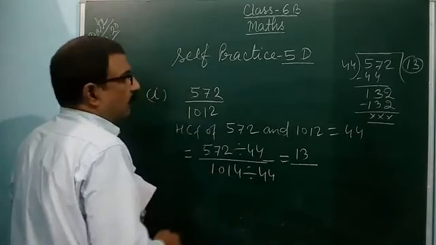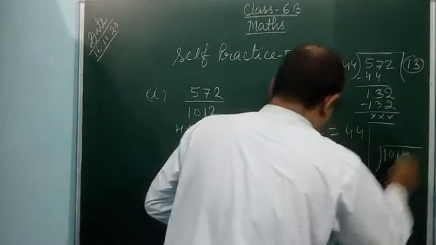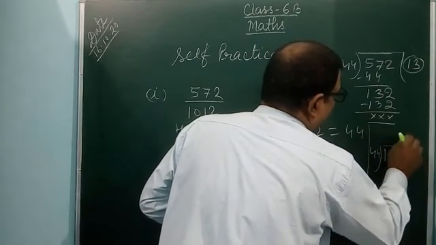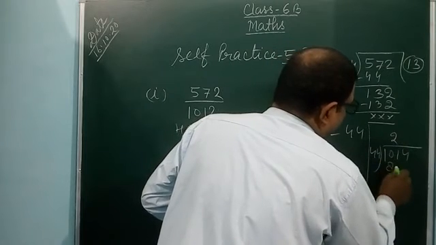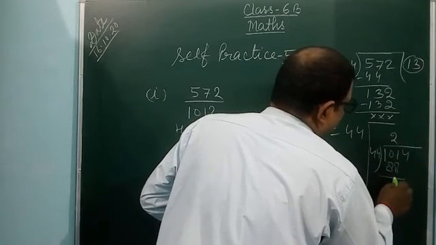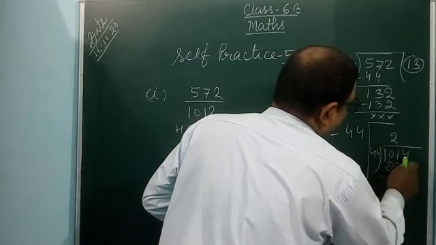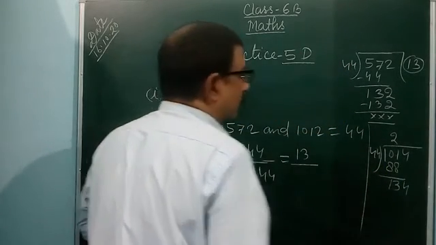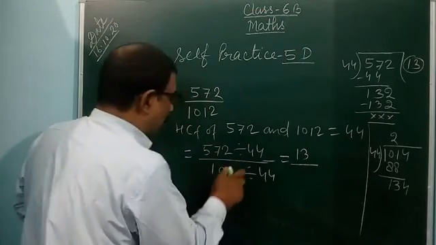After then, you can also divide 1012 by 44. 44 2 times 88, 11 minus 8 is 3, 9 minus 8 is 1 and 4. Here 1012, not 1014, 1012 here.